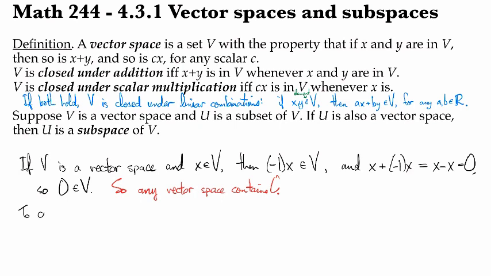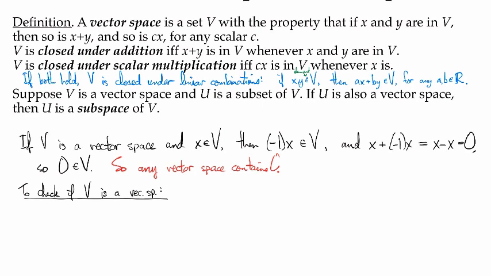So when we go to check if V is a vector space, the first thing to do is to check to see if V contains 0, the 0 element, the 0 vector, etc. And then pick two things from the set and figure out if the sum of them has to still be in the set.